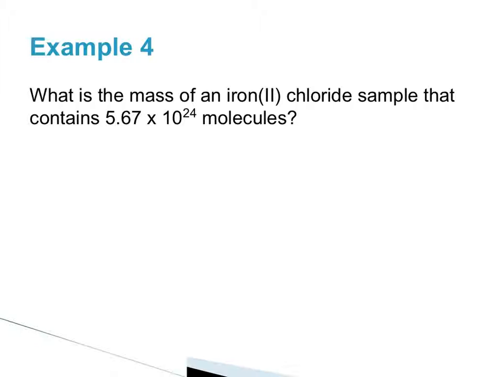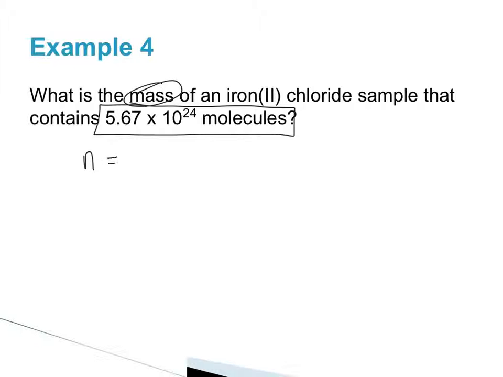Finally, again, we can take this one step further and combine both of the equations that we've used to date. So what is the mass of iron 2 chloride sample that contains 5.67 times 10 to the 24 molecules? We first need to convert the number of molecules to the number of moles in order to find a mass.